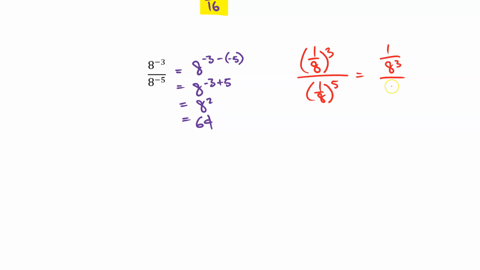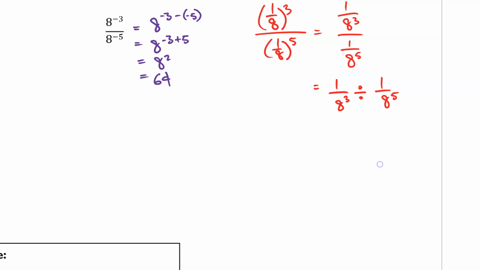Divided by 1 over 8 to the exponent 5. So far, so good? And look at all these dividing signs. There's a weird little hamburger that we created. I'm going to change that to the operator dividing. I'm going to write it like this: 1 over 8 cubed, divided by 1 over 8 to the power of 5. Okay, so far so good?